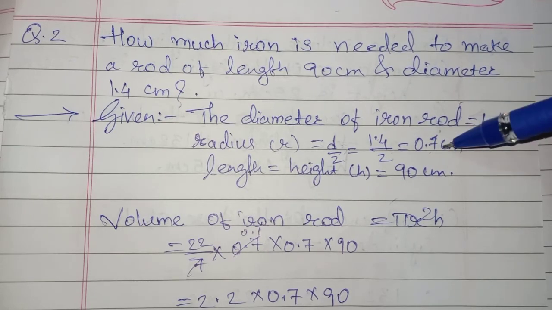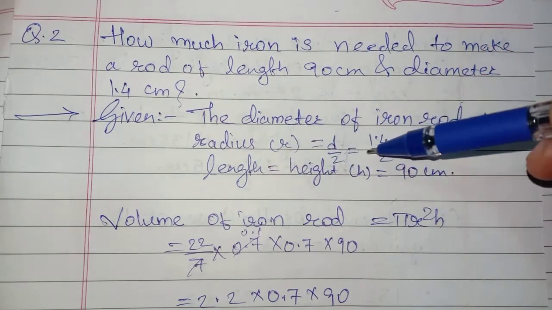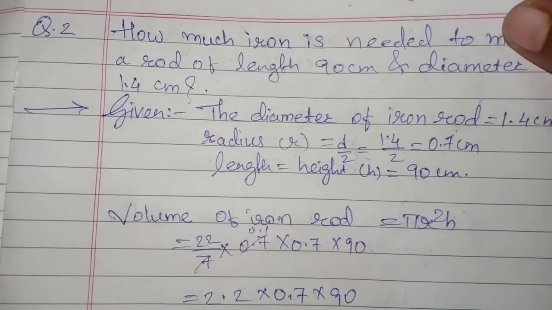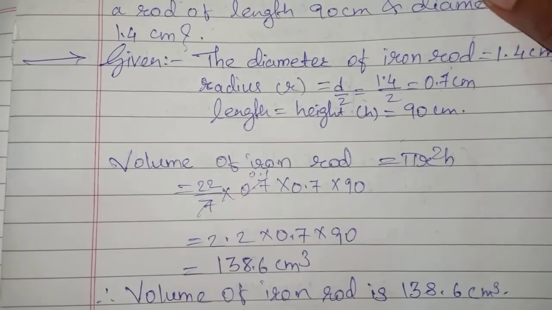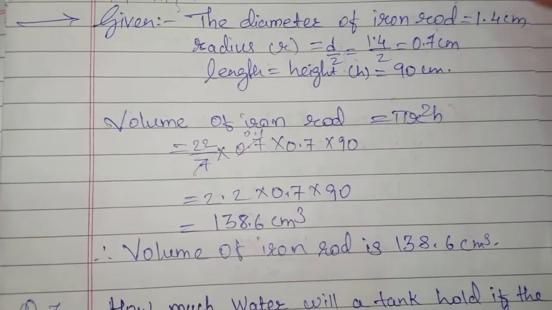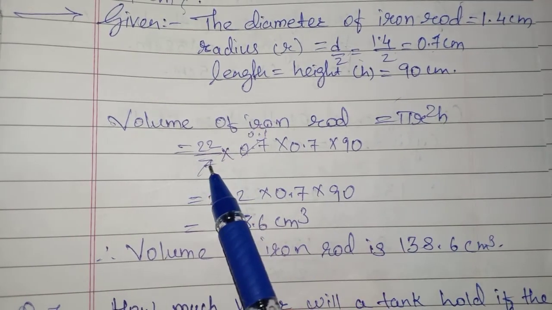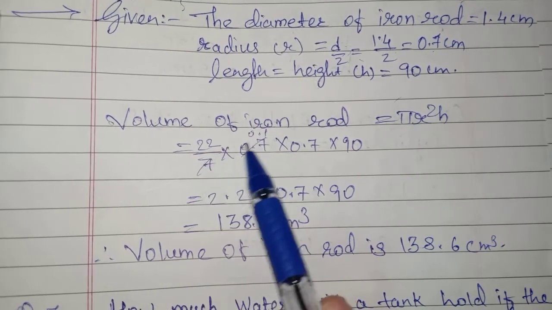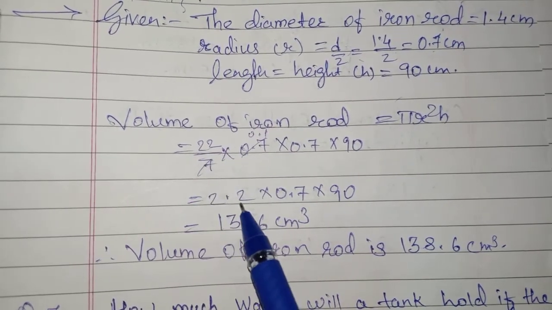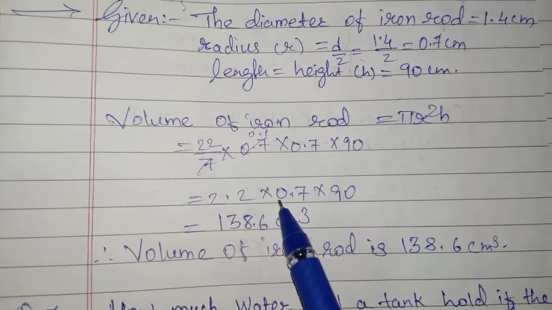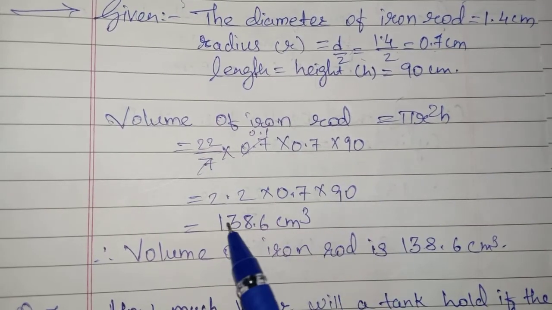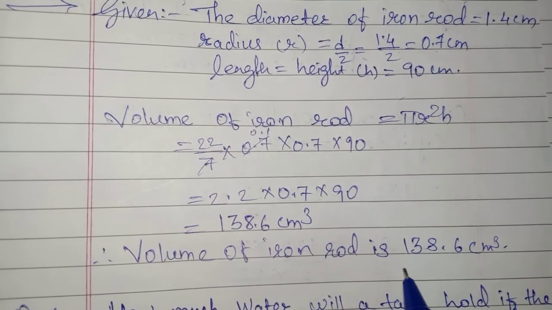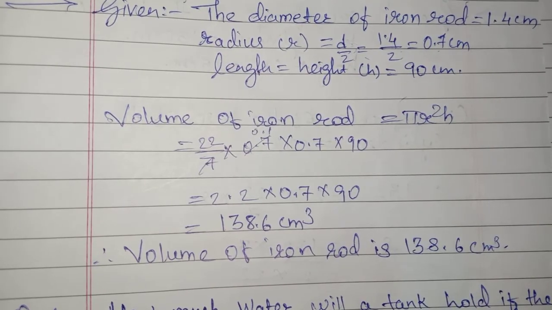Length is nothing but height, so height h is 90 centimeters. Volume of iron rod is pi r square h. Substitute values: 7 ones are 7, and here you get 0.1. So 0.1 into 22 is 2.2. Then 2.2 into 0.7 into 90 gives 138.6 centimeter cube. Therefore volume of iron rod is 138.6 centimeter cube.